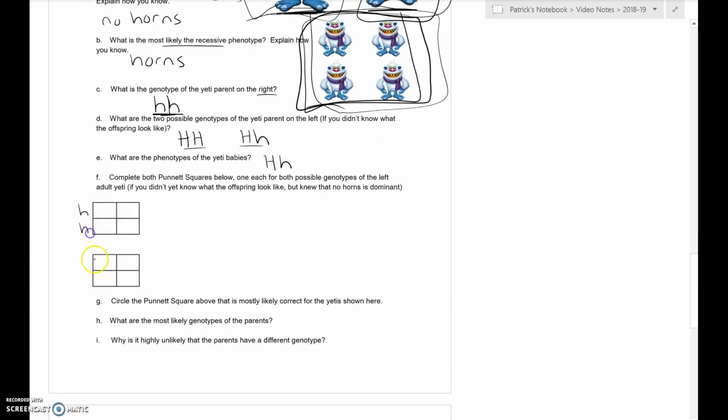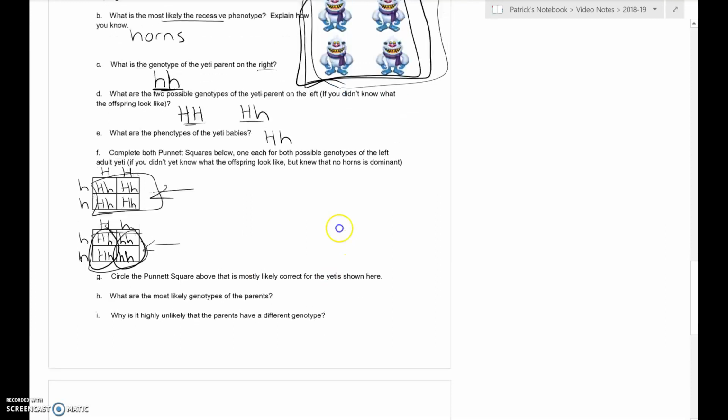Now, our Punnett squares, we had one parent had to be little h, so those are the only possibilities of one parent, and the other parent could be big H, or big H, little h. So when we do those squares, we find that in our first one here, we don't end up with any offspring that have horns, and in our second one we end up with 50% of them having horns and 50% of them not having horns.